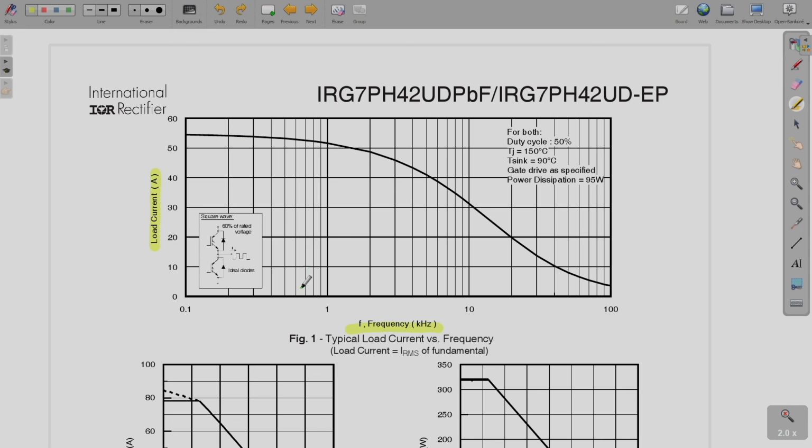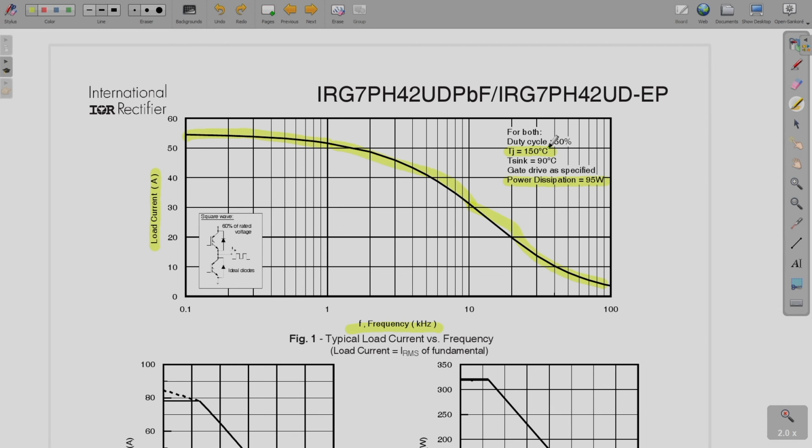As you see here, below 1 kilohertz the load current can be quite high. After that, as your switching frequency increases, the load current is going to decrease, and the power dissipation they have limited to 95 watts.